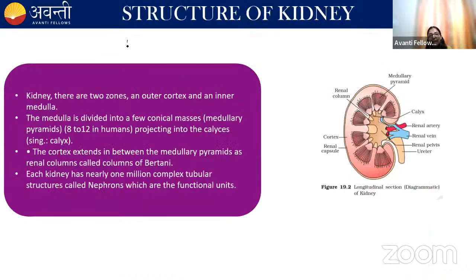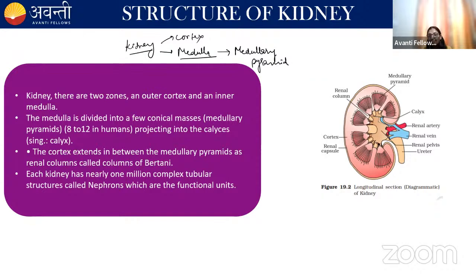Now the kidney has two zones, the cortex zone and the medulla zone. Medulla is divided into conical masses which are known as the medullary pyramids. These medullary pyramids are associated with the minor calyces.